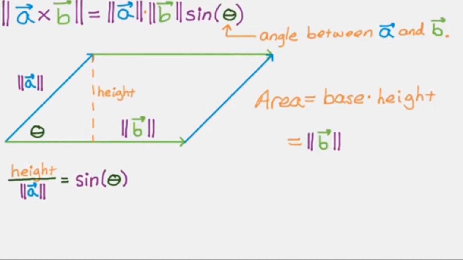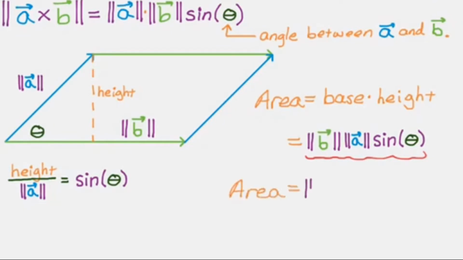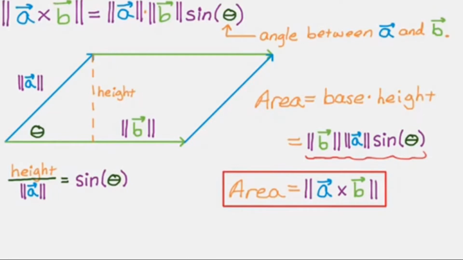So our area of this parallelogram will be modulus B, that's the base, times the height, modulus of A sine theta. But we have already got this as the formula for A cross B. So the modulus of A cross B is the area of a parallelogram.